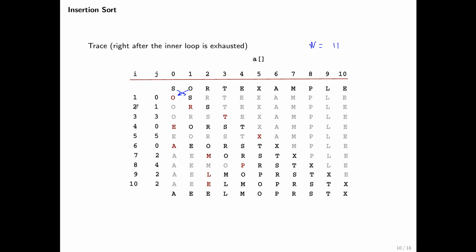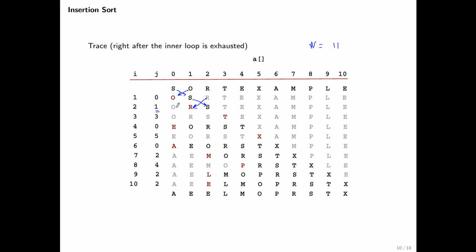So i now becomes 2. i is pointing to this R, and j starts at i, so j starts at R, and we simply compare it with the previous element. R is smaller than S, so it comes here, S goes there, and now we compare R, which is here, with O, but R is larger than O, so this R is in its right place, given by j equals 1.